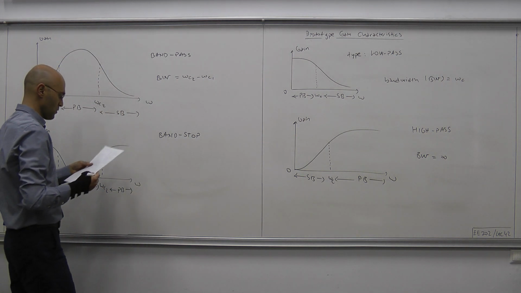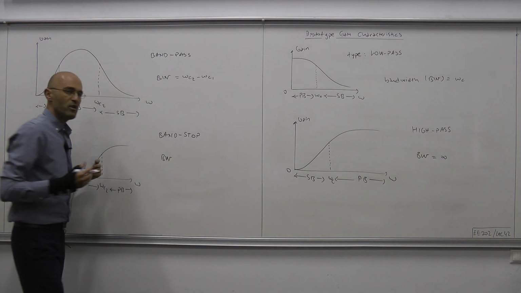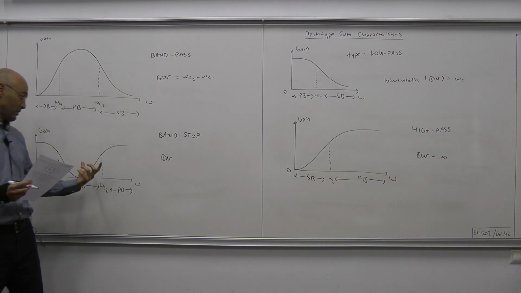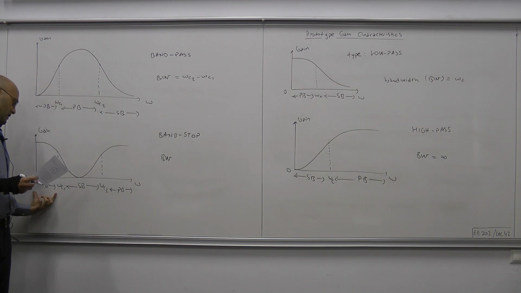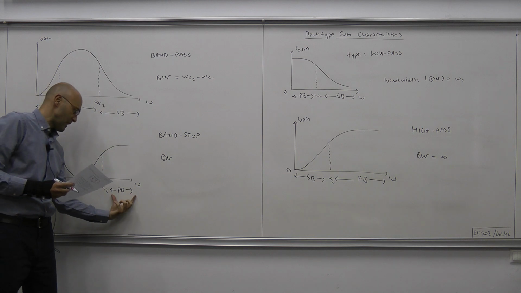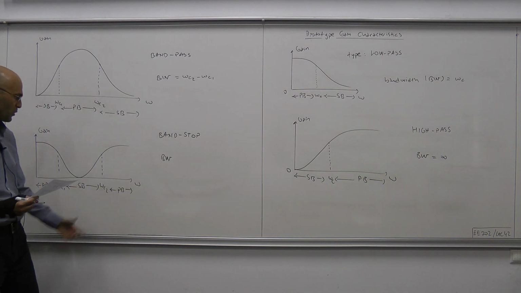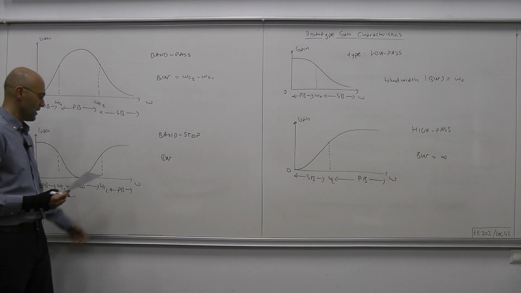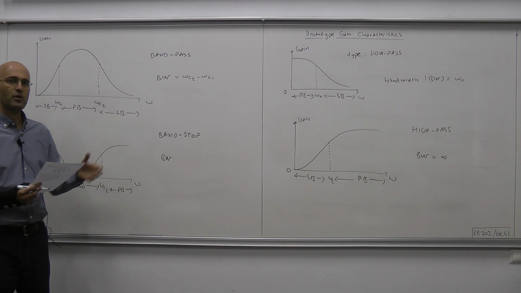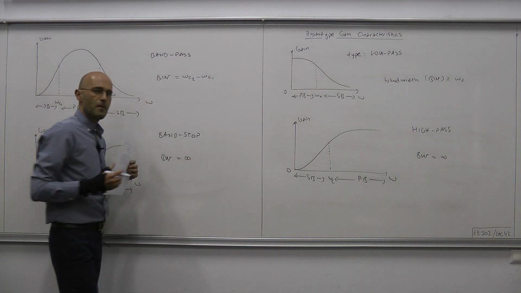Okay, and this is called band stop. And the bandwidth of the band stop filter is the length of this passband interval plus the length of this interval. Since the second piece of the passband interval is of length infinity, the bandwidth of such a filter is equal to infinity.